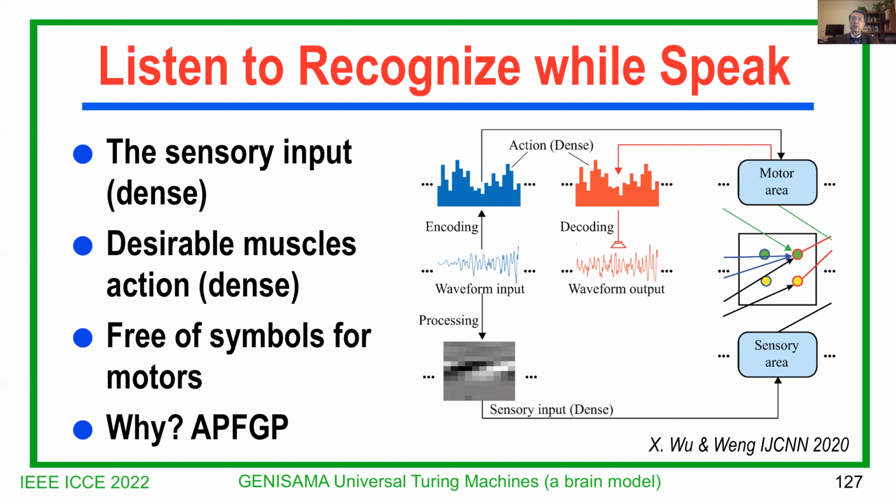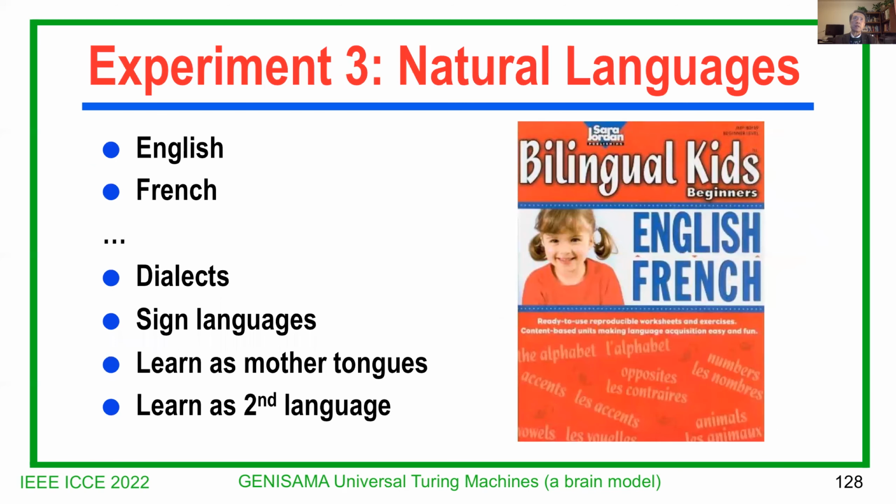Actually, sound is the same thing, and sound is a short form of language. If you make sound longer, you will have natural language. In this case, we have a bilingual environment with English and French. You may have different dialects for humans. You may have a sound signal, and you may learn mother tongues, but a mother tongue may have two languages.